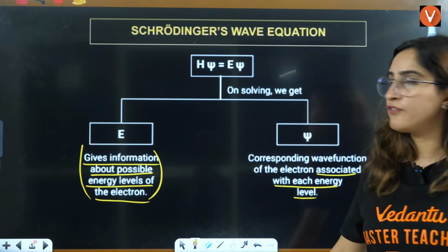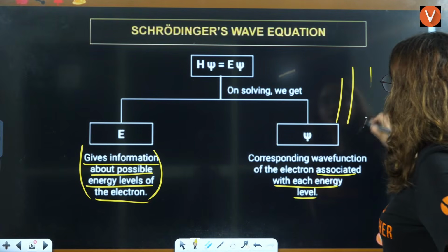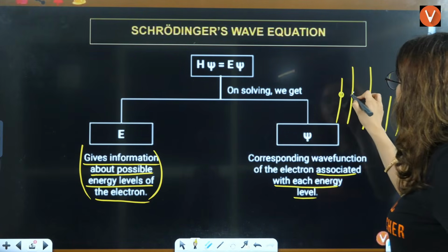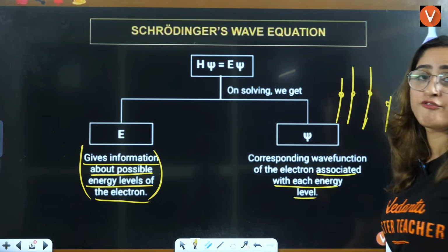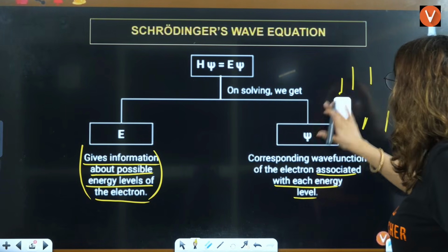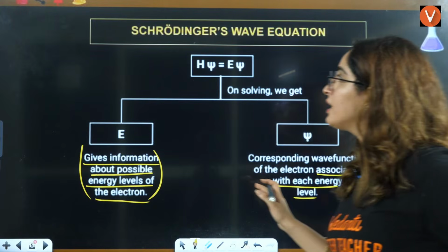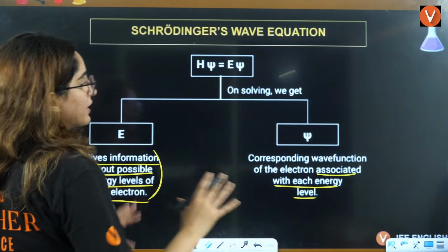So you will have different energy levels, and for each energy level a wave function associated with it. On solving this equation, we will get these things.